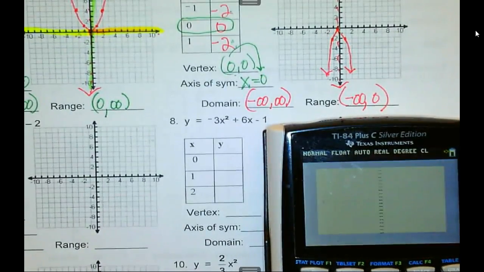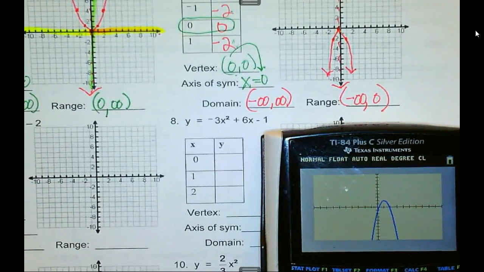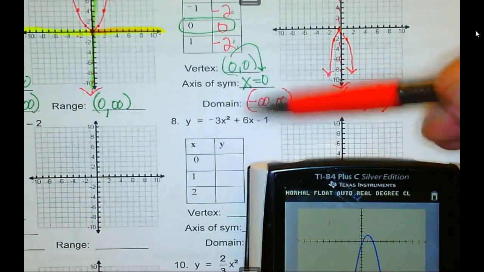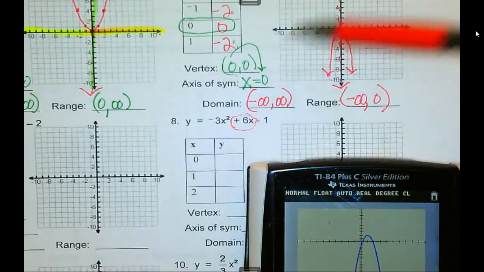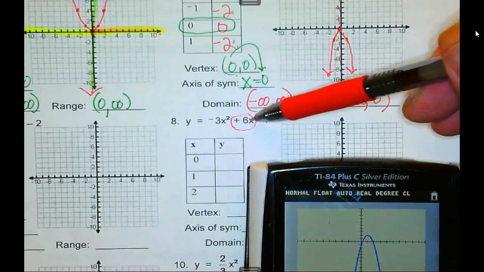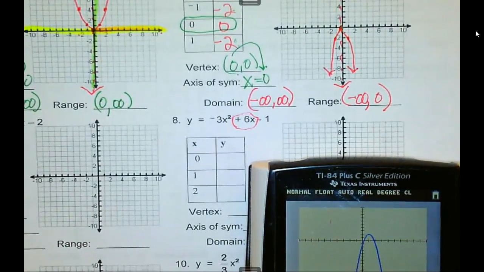And hit graph. Notice my vertex is no longer at 0, 0. Notice I have an extra term here. You should be making some kind of connection that this is going to tell us something about our vertex. We'll get into that later.